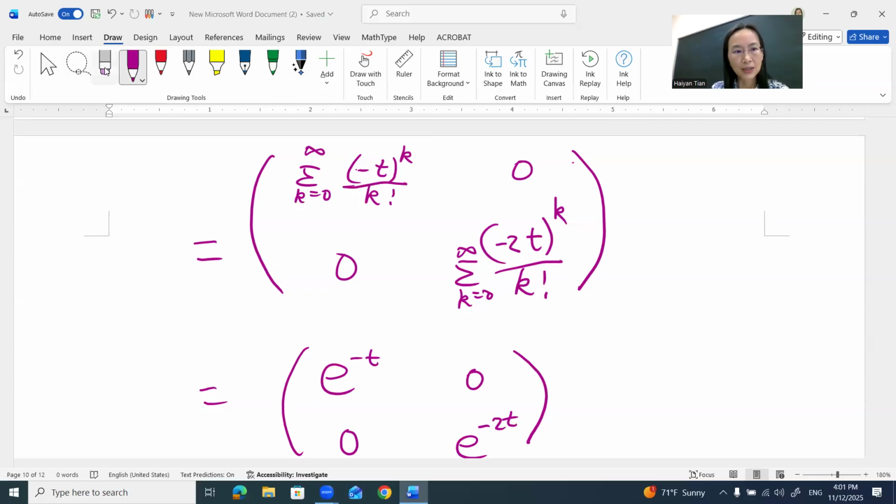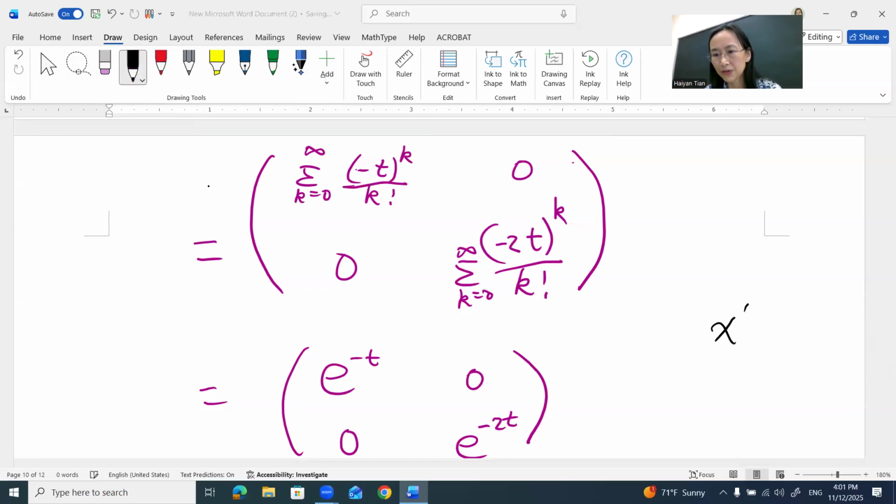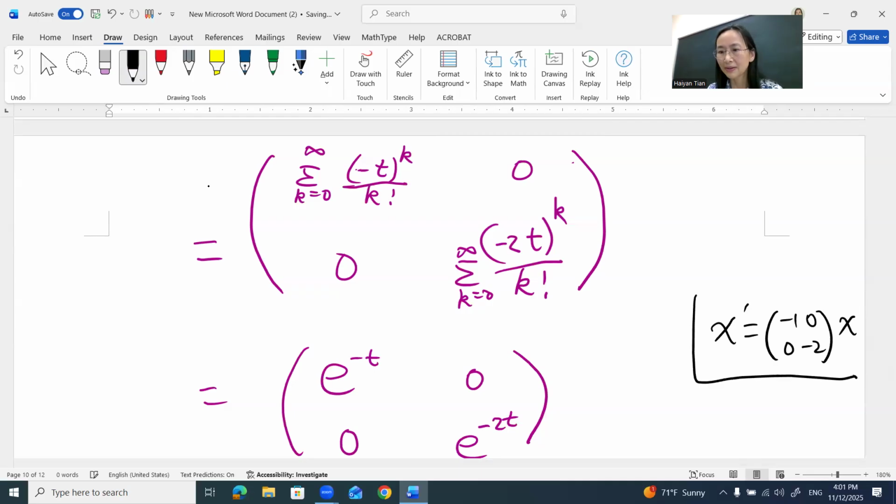This is the fundamental matrix for the system corresponding to this constant coefficient matrix. A is diagonal.